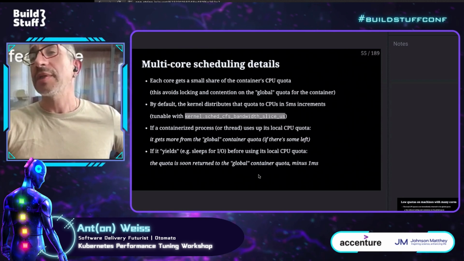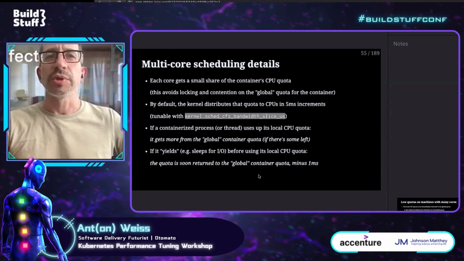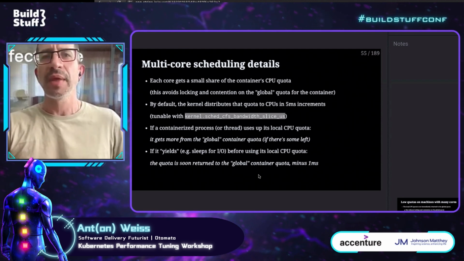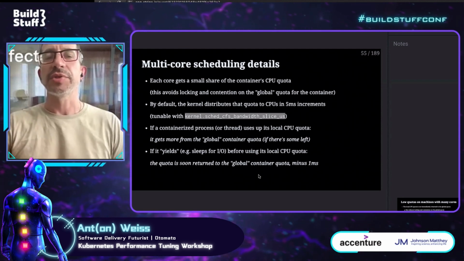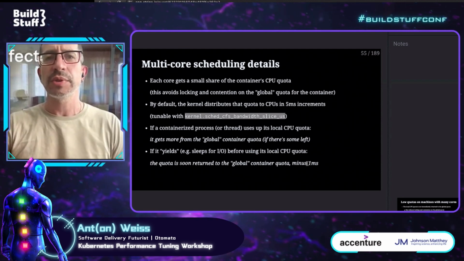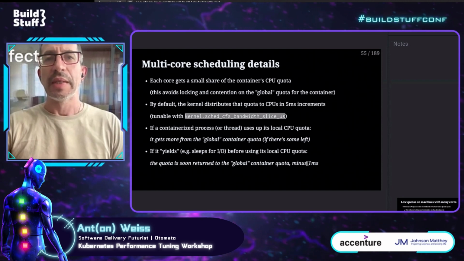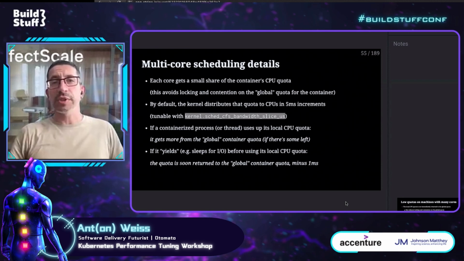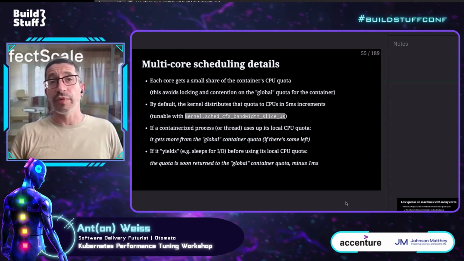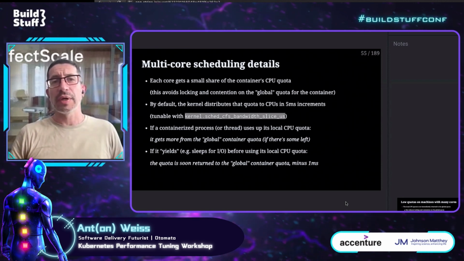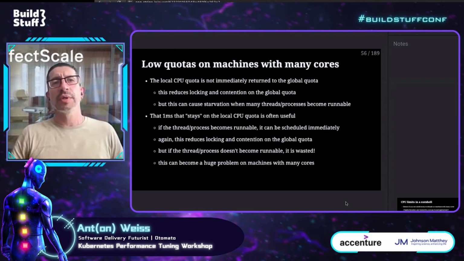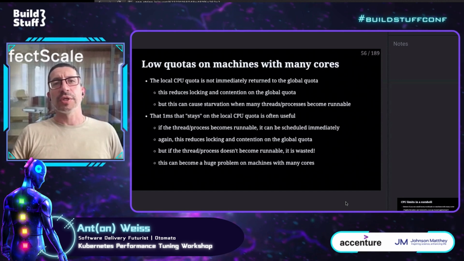Now, this problem gets even worse when we have multiple cores, because each core gets a small share of the container CPU quota, and the kernel distributes that quota to different CPUs. If the container process uses up its CPU quota for the local CPU, it waits before returning its quota back to the scheduler.